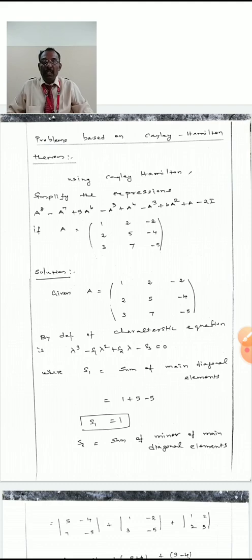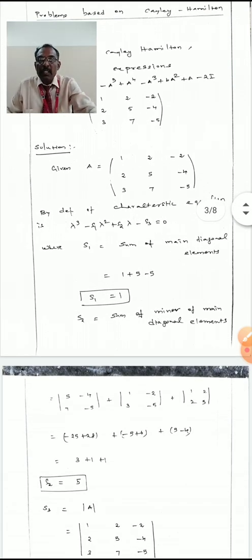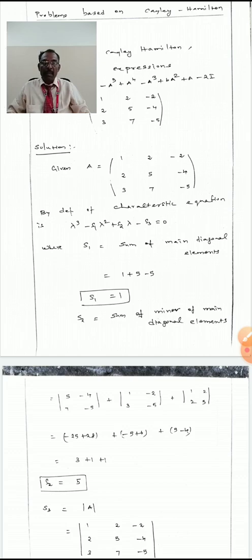I will explain with this problem. In the solution, first take the given matrix represented by A. Next, the characteristic equation is lambda power 3 minus S1 lambda squared plus S2 lambda minus S3 is equal to 0. Since it is a 3 by 3 matrix, the characteristic equation starts from lambda power 3. Now our aim is to find the constants S1, S2 and S3.